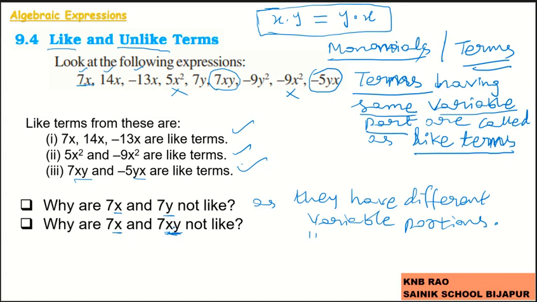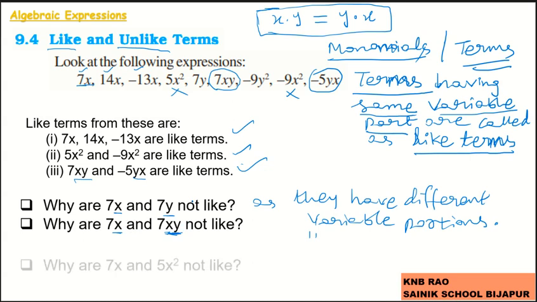So, they have different variable portions. 7x and 7xy are unlike terms, though there is variable x in both. Understood? Here and here the variable parts are different.